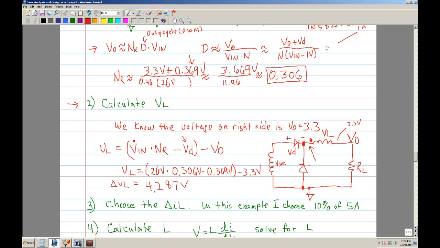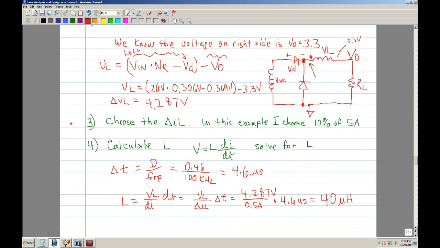Basically this is the left side, or the dotted side of the inductor, and this is the right side of the inductor. So that's the voltage across the inductor. When we plug in the number, we have a delta of 4.287 volts.